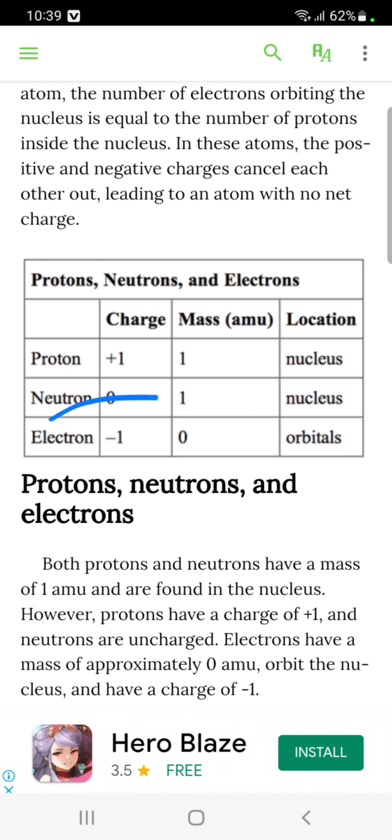Then neutron: charge 0, mass m1, the nucleus is the location. Electron: charge negative, mass 0, location orbital.